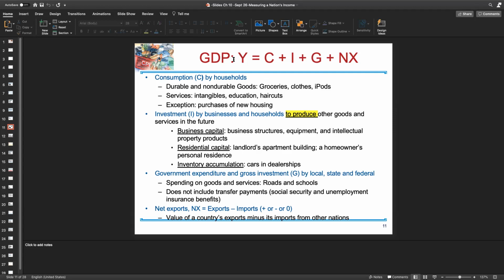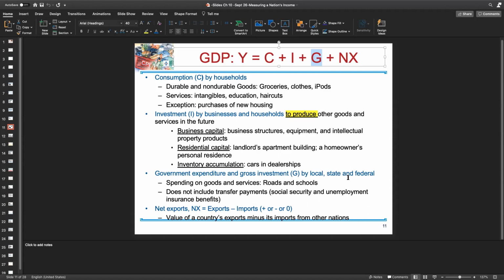Now, we talked about consumption and investment. What about government expenditure, which we show by G: the government expenditure and gross investment by local, state, and federal government.